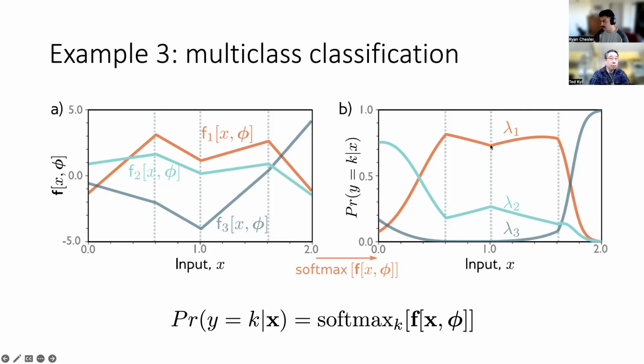What the softmax will do is upweight whatever the highest prediction was and downscale the rest of them. But it will also constrain it so that these all add up to one. If you add up this value and this value and this value, it will end up adding up to exactly one. And so you have your distribution of possibilities there.